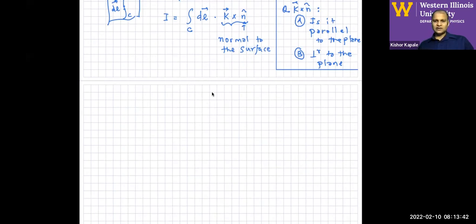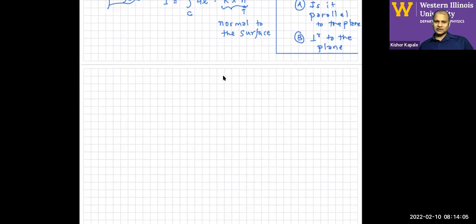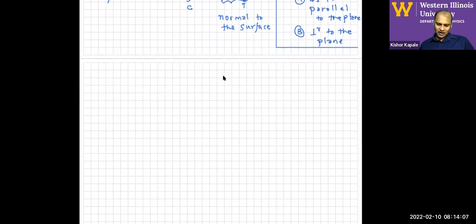I have about 10 answers, and they are equally split among A and B. So it looks like you have to now go back and look at the geometric interpretation of the cross product. So that's going to be an exercise for you.